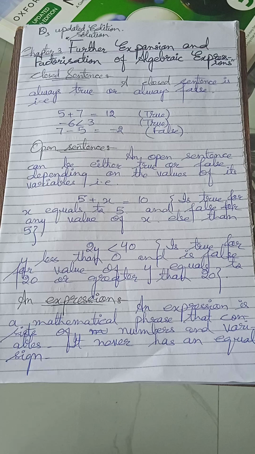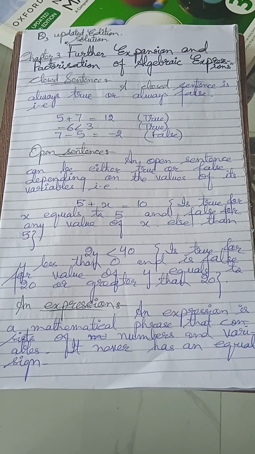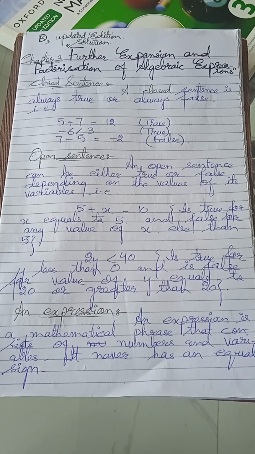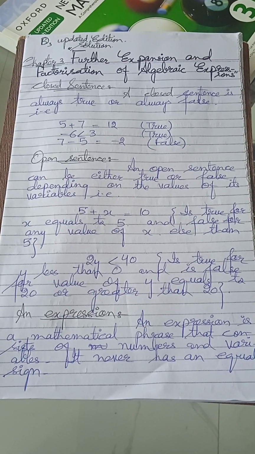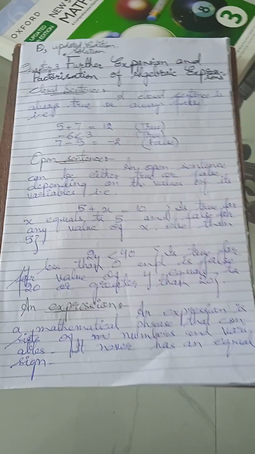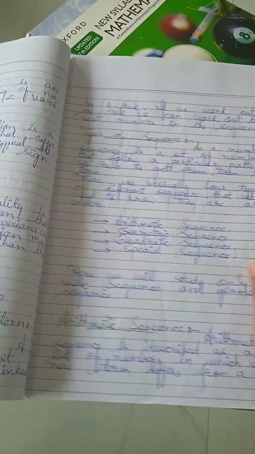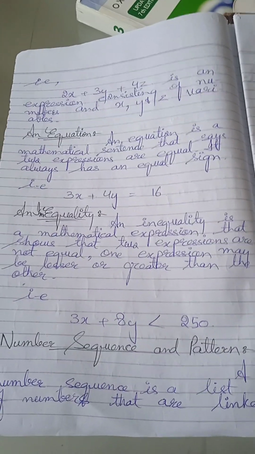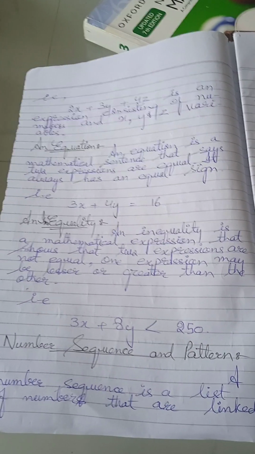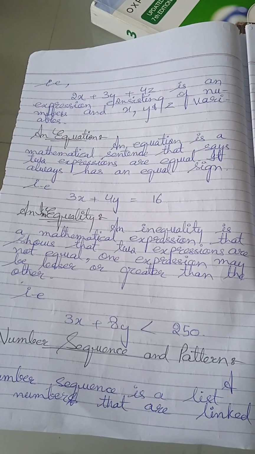Now look at our next topic, that is an expression. An expression is a mathematical phrase that consists of numbers, variables, and with those variables there are some coefficients. It never has an equal sign. For example, 2x plus 3y plus 4z is an expression.